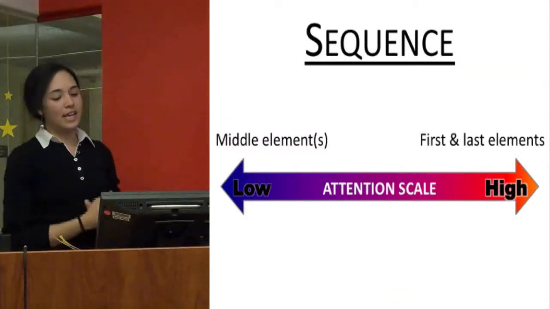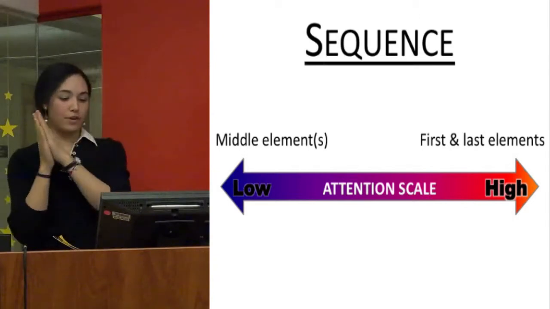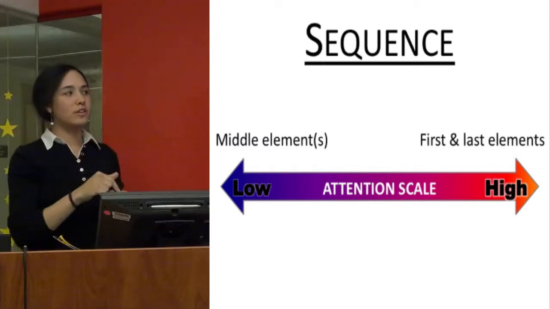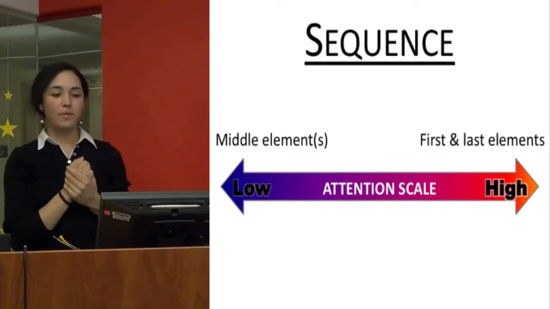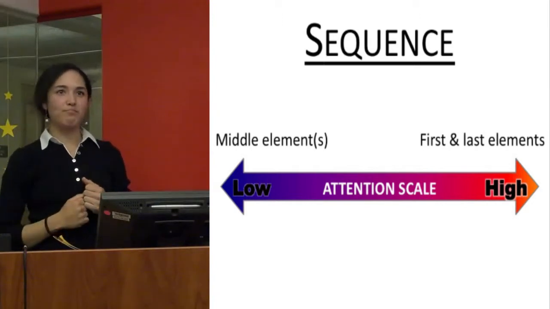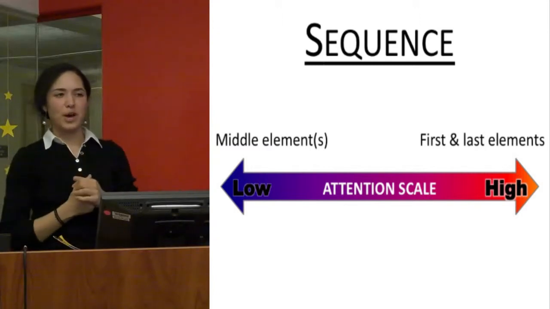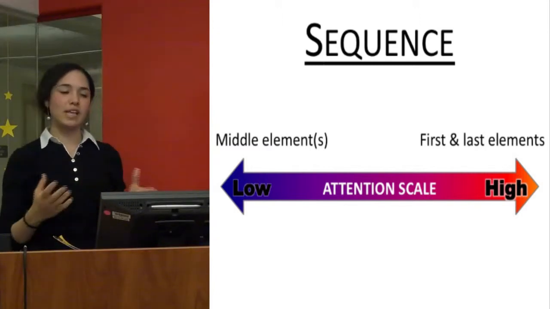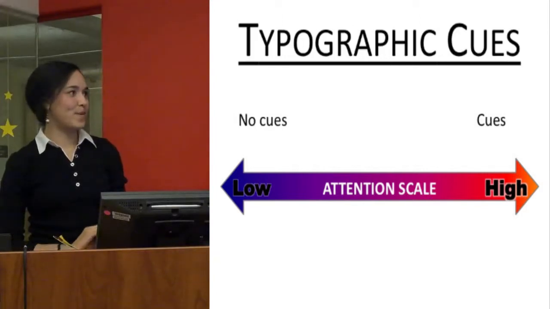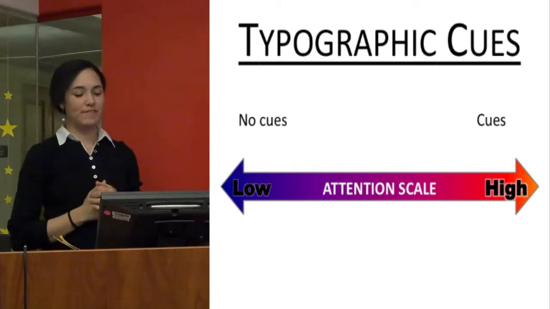Okay, sequence. Middle elements generally tend to get our attention less than first and last elements. This doesn't really apply to pie charts because they're circular, but a very good example is our ABCs. We refer to them as ABCs, or you can talk about from A to Z, but you don't really hear people reciting your LMNOPs.